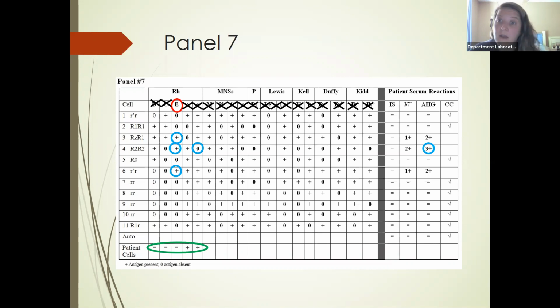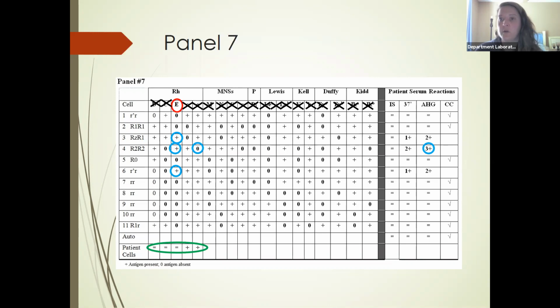Given that we have noted that he is big C negative, one of your questions asks, could this patient build anti-big C? And the answer to that is yes, because he is big C negative. Remember Landsteiner's rule, what you lack the antigen to, you can build the corresponding antibody to.